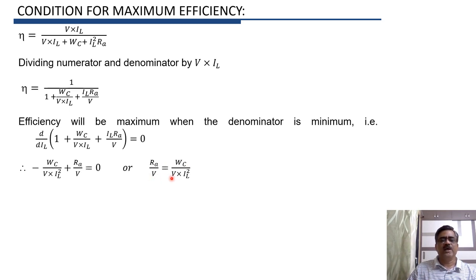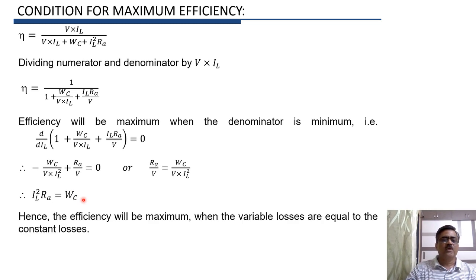So this V and V will cancel, and we will get Wc equal to IL square into Ra, and therefore IL square Ra is equal to Wc. But IL square Ra is nothing but armature copper loss, and it is a variable loss, whereas Wc is the constant loss including shunt field winding copper loss.